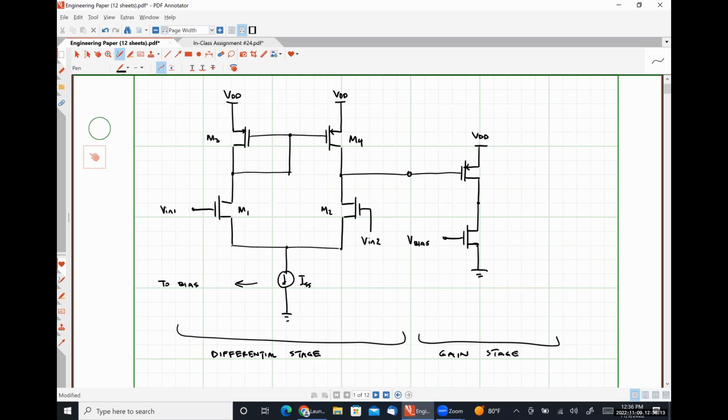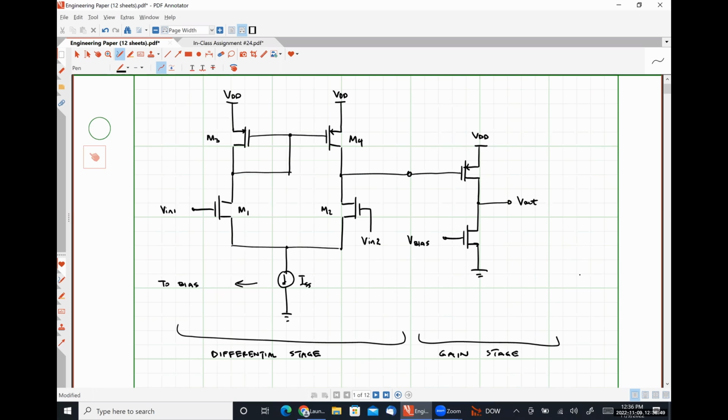We could potentially replace this with effectively a cascode amplifier stage if we wanted to, but for simplicity's sake, let's just leave it a single transistor gain stage. And then this is our new output node that will in turn chain into our output stage, which I think we're going to run out of time before we really get into any detail about that. Okay.